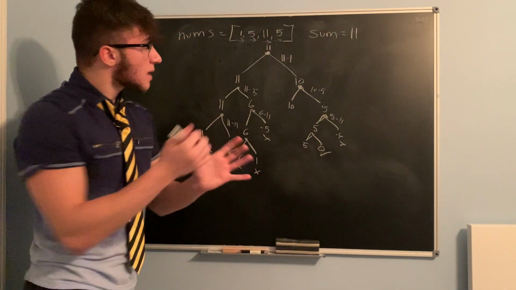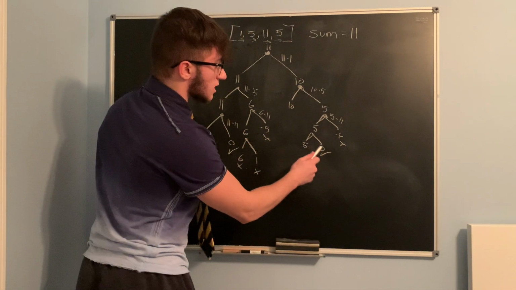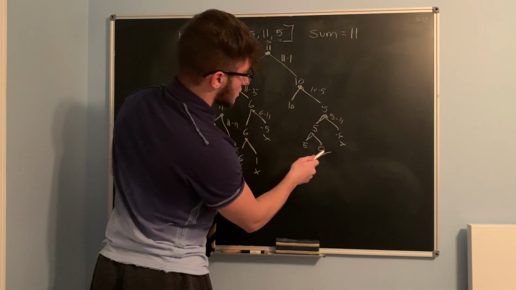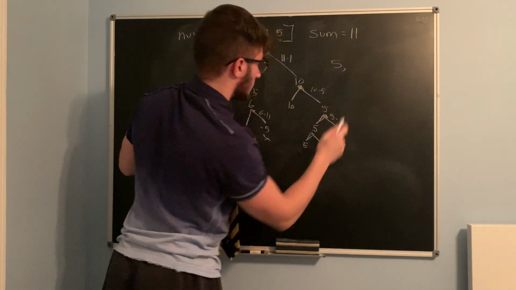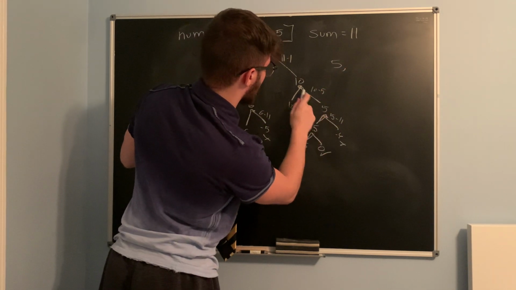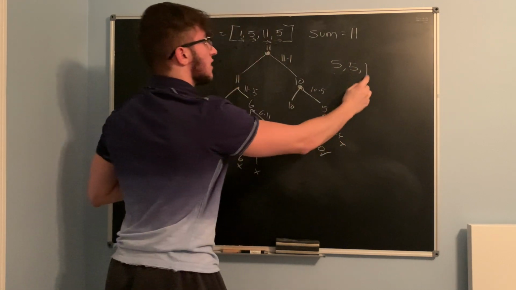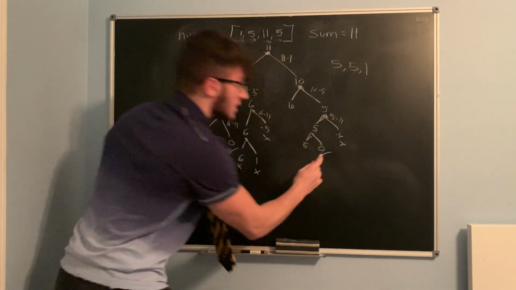If you backtrack your way up here, look at what we used, right? We used a 5 minus 5, so we used a 5. We used a 5 minus 5, another 5, and we used a 1. 5 plus 5 plus 1 equals 11, the sum, which is why we got 0.